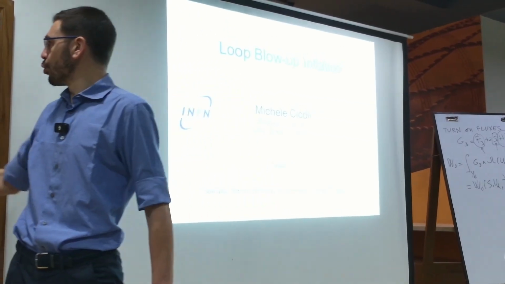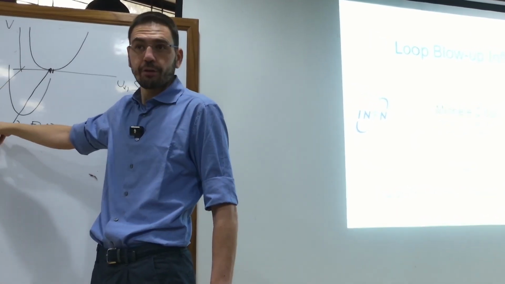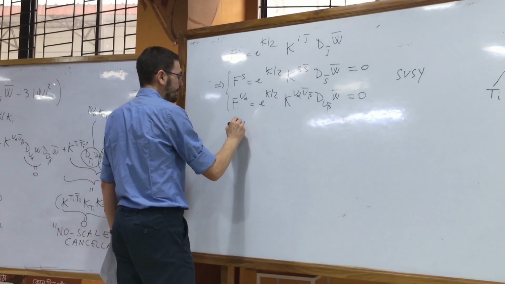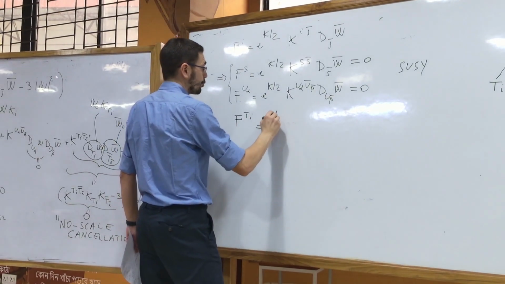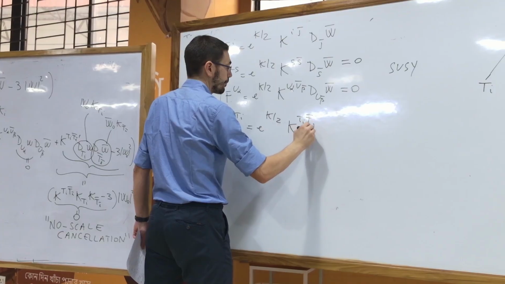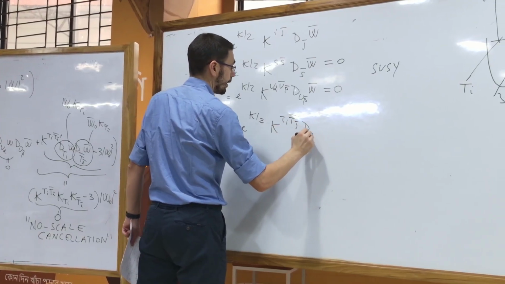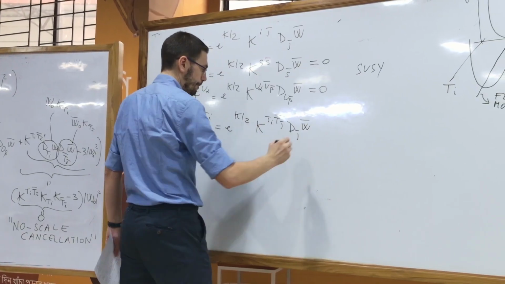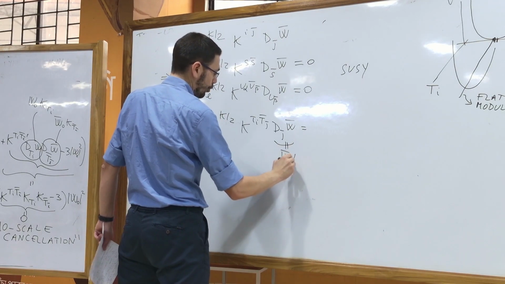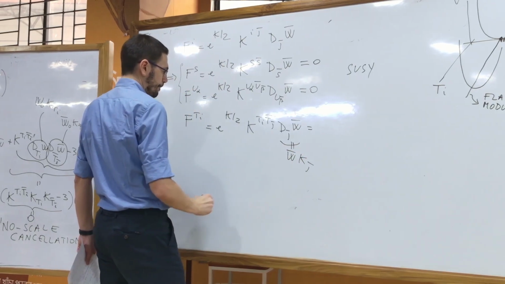Now, what happens to the F terms of these guys? I can compute also the F terms of the T_i. So this will be e^K divided by 2, K^{T_i \bar{T}_j} D_{\bar{j}} \bar{W}. Now we've seen that this is just \bar{W} K_{\bar{j}}.